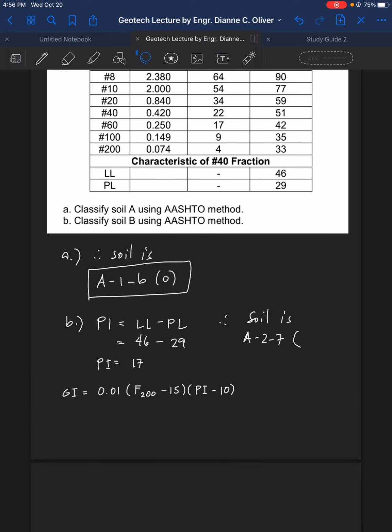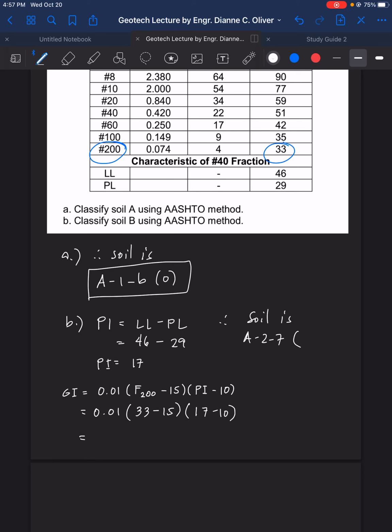So let's compute for the GI. GI is equal to 0.01. What is F200? F200 is the percent passing number 200, and that is 33. Okay? So we have here 33 minus 15, and then PI, we computed PI a while ago as 17 minus 10.